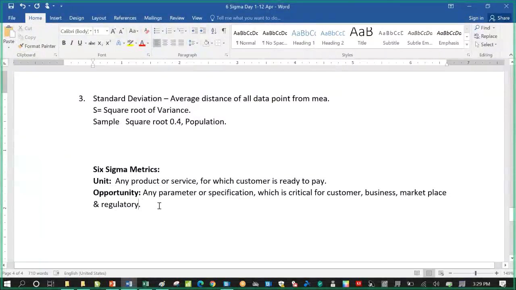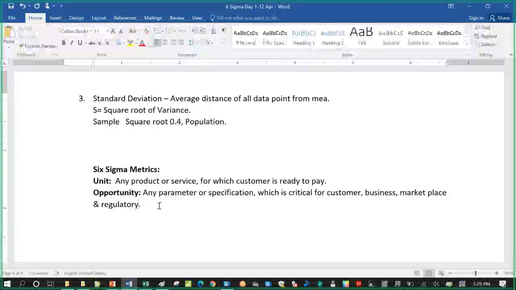All your documentation, tax and everything. What becomes a marketplace opportunity? Your branding, your share price, all other quality aspects. What becomes a customer opportunity here? From the customer point of view, whether the car is really durable, comfortable, good quality. What becomes the business point of view? Whether this is cost effective, and you are able to give a better margin to the company.